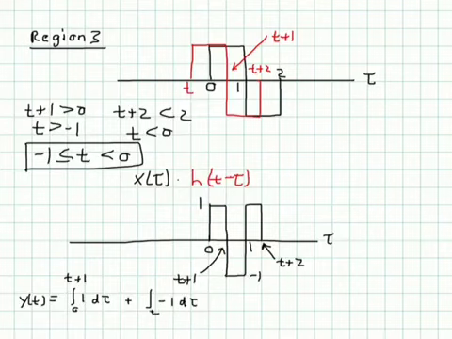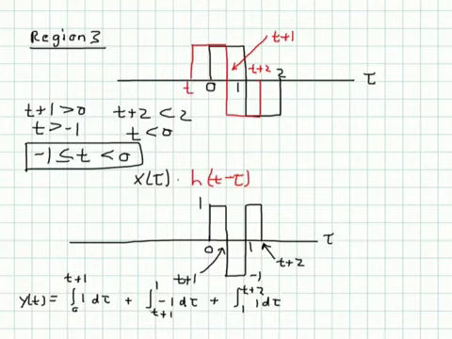Running out of room on my screen here. It goes from t plus 1 to 1, and then plus the integral from 1 to t plus 2 of 1 d tau, because it's equal to 1 in here.